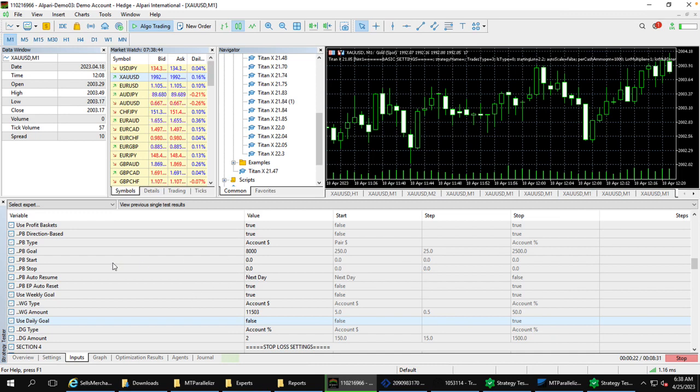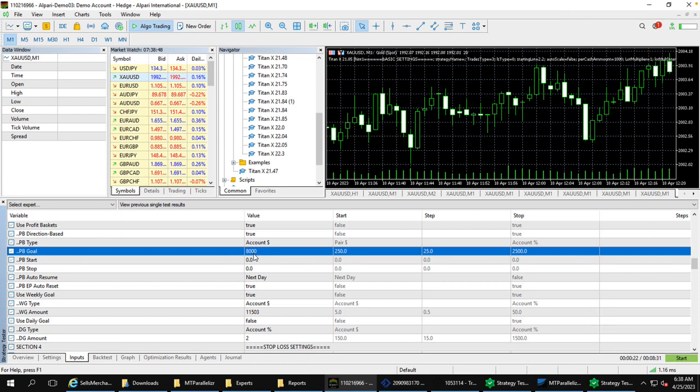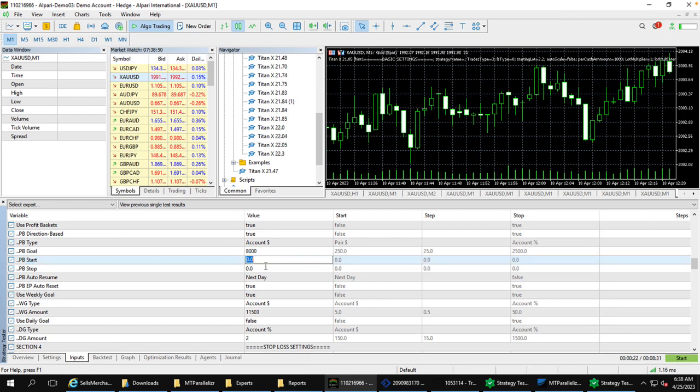What we would do is use the start and stop. Let's keep our goal at 8,000. If it hits it, great. But let's start locking in profits at $1,000, and let's have it trail by $1,000.